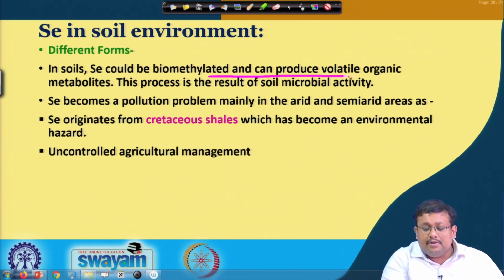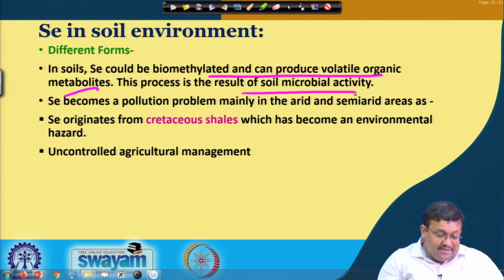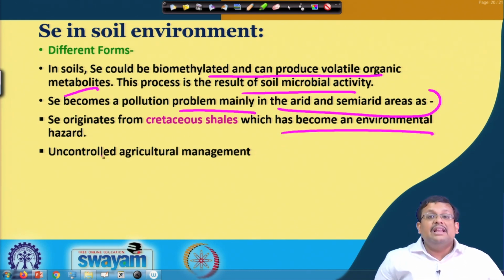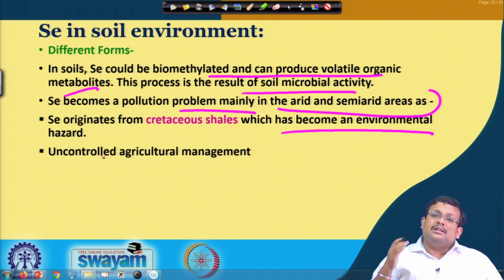In soil, selenium can be biomethylated by different microorganisms and can produce volatile organic metabolites. This process is a result of soil microbial activity. Selenium becomes a pollution problem mainly in arid and semi-arid areas, as selenium originates from Cretaceous shales, which have become an environmental hazard.